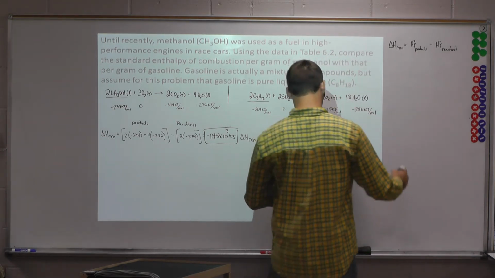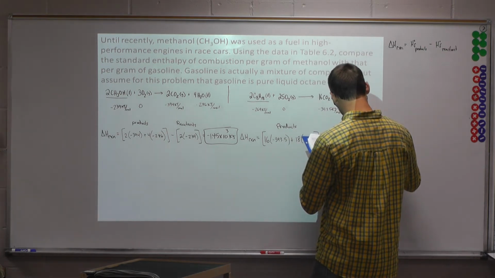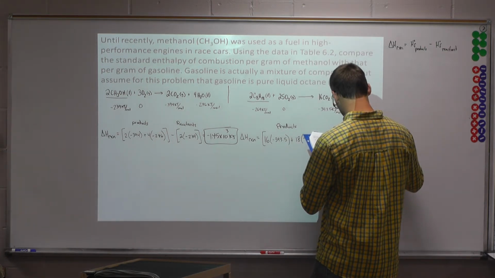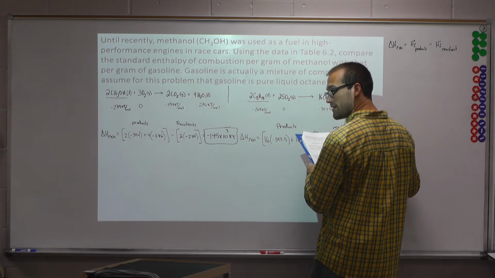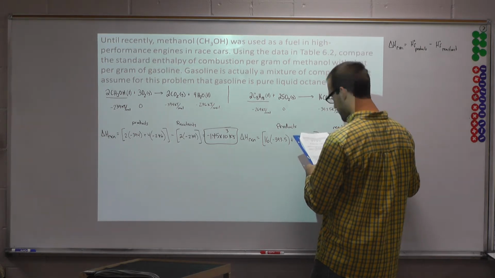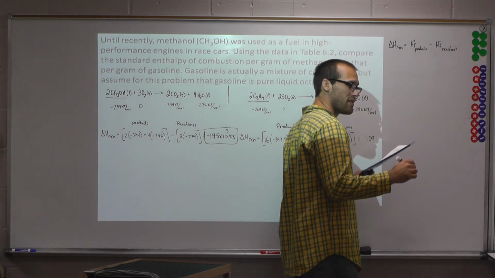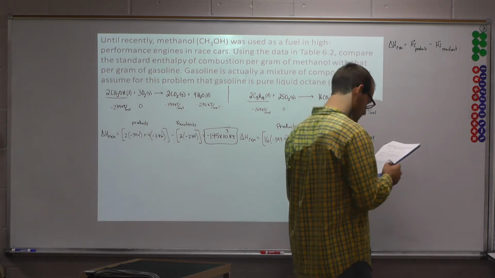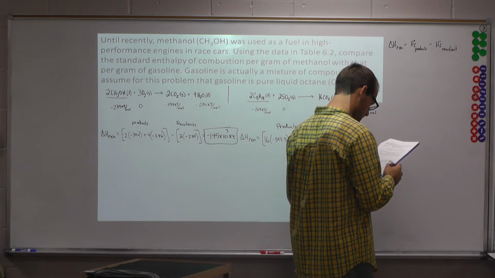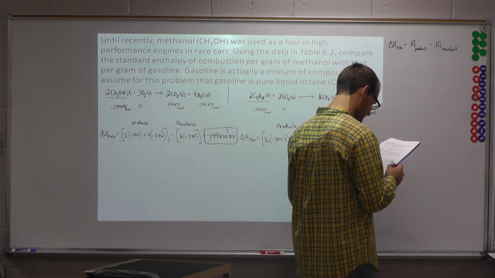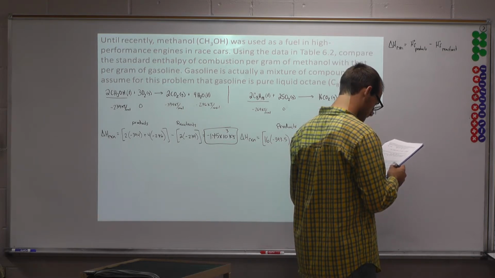Annie, what did you get for the next one? 10,096, you mean? That's what I got. You got 10,900? Okay, 10,906. I got negative. Or it should be negative, otherwise it doesn't make sense to the problem.